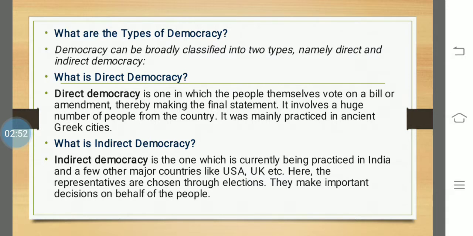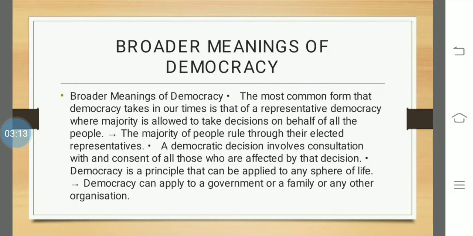All right, I hope the two democracies are clear to you people. First is direct. Direct meaning people themselves take the decisions, but in indirect they will choose someone, and that someone is your representative and they will take your decisions. All right. Okay.